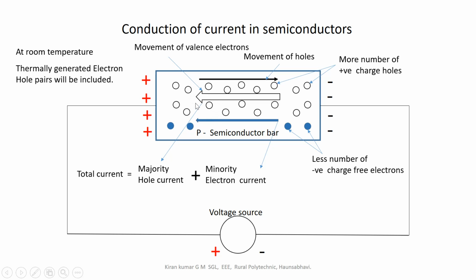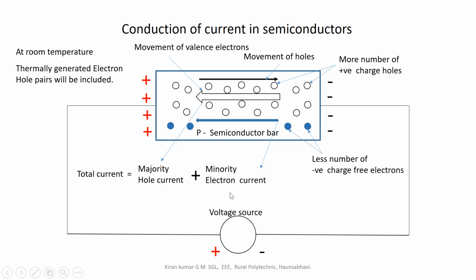Holes are called as the majority charge carriers in p semiconductors, and a few number of free electrons which constitute only a small quantity of the current are called as the minority charge carriers in the p semiconductor bar.